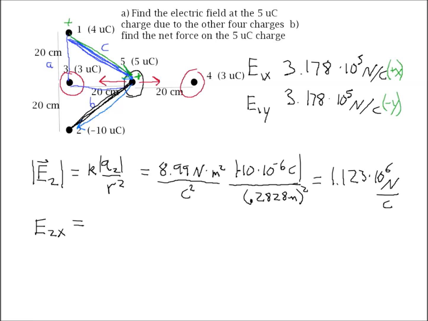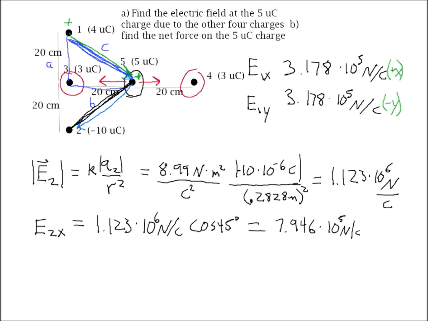So we have E2x is equal to E2, which is 1.123 times 10 to the 6 newtons per coulomb, times the cosine of 45 degrees. Multiplying that out gives us 7.946 times 10 to the 5th newtons per coulomb.